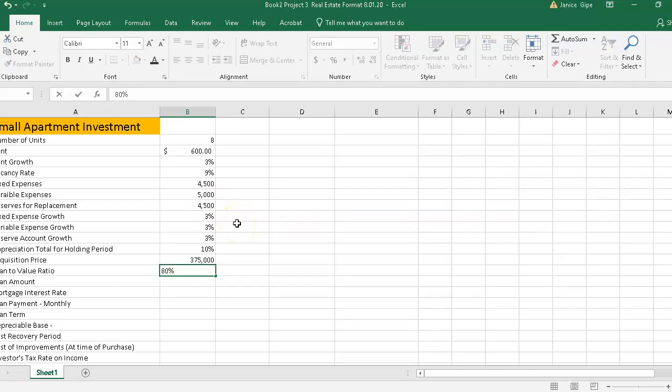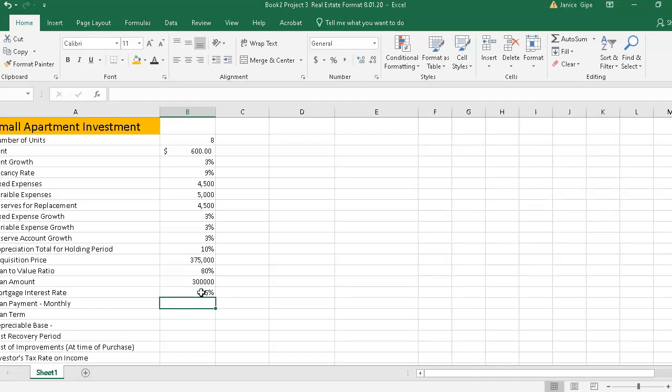So the loan amount is the 375 times the 80%, so the loan amount is $300,000. The mortgage interest rate is 5%.